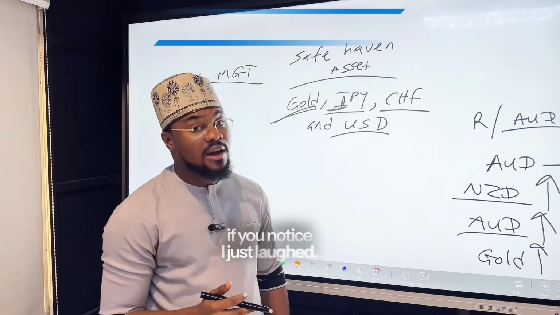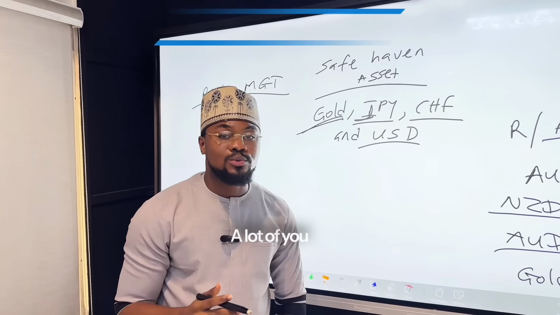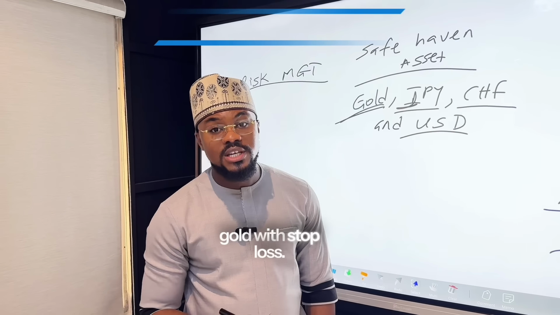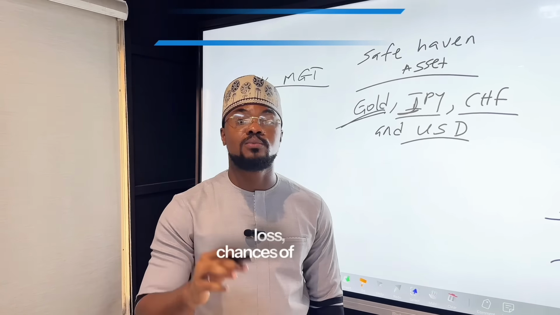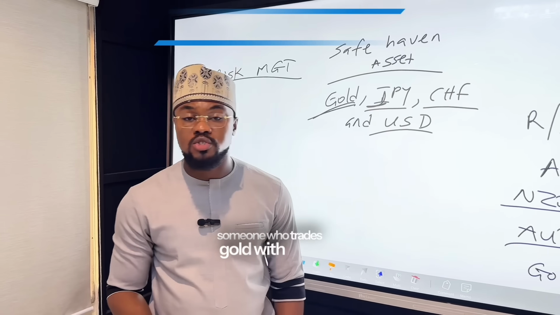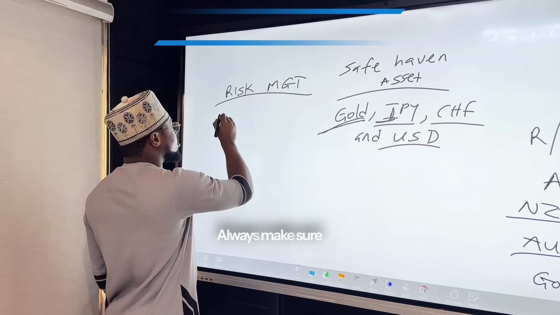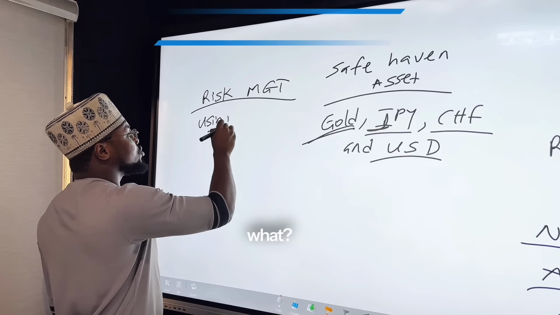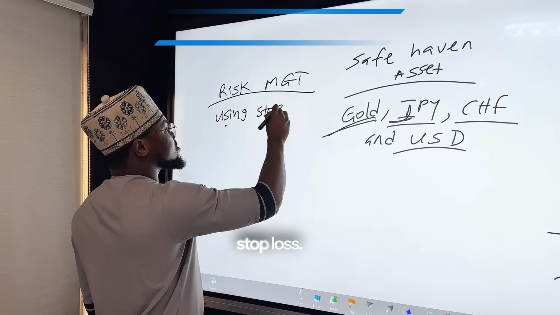if you notice, I just laughed. A lot of you don't like trading gold with stop loss. If you don't trade gold with stop loss, chances of you blowing your account is higher than someone who trades gold with stop loss. Always make sure you're using stop loss.